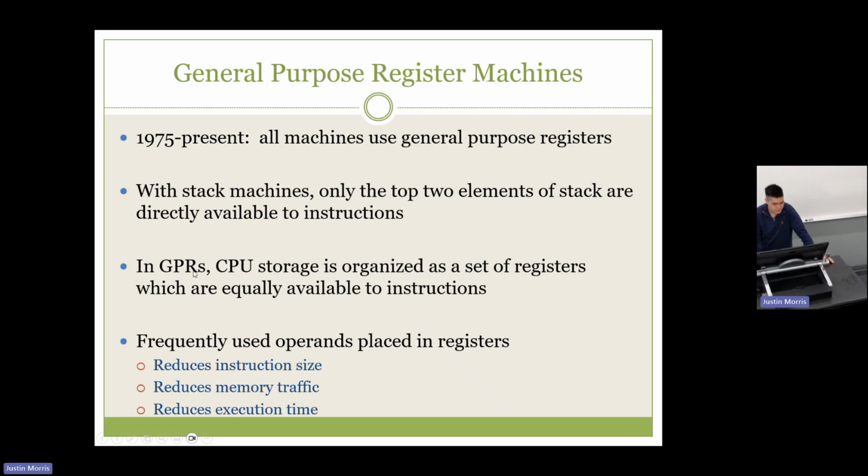But in general purpose registers, the CPU storage is organized as a set of registers, which are equally available to instructions. Frequently used operands are placed in registers. We are reducing instruction size and reducing memory traffic, and because of these two things, mainly the second one, reducing memory traffic, we reduce execution time.